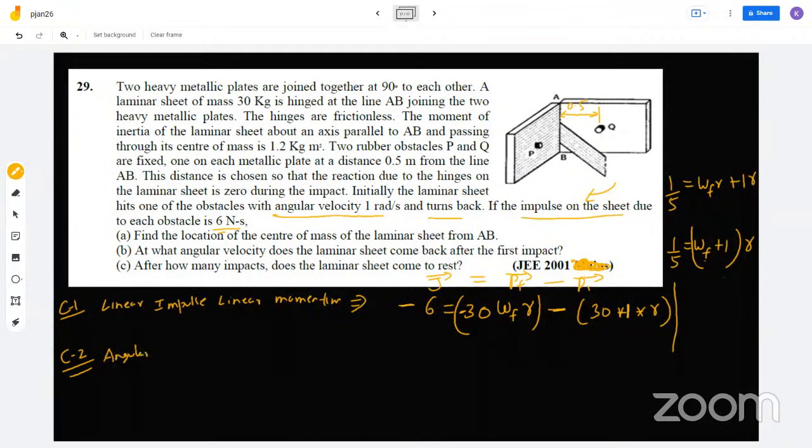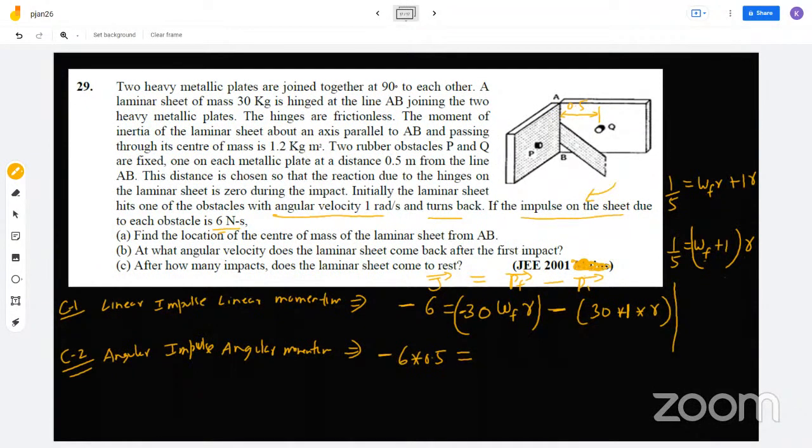Angular impulse is the linear impulse times distance. Linear impulse is how much? 6. Distance was 0.5.